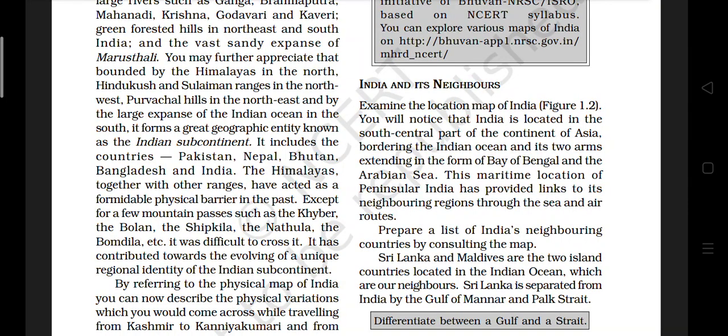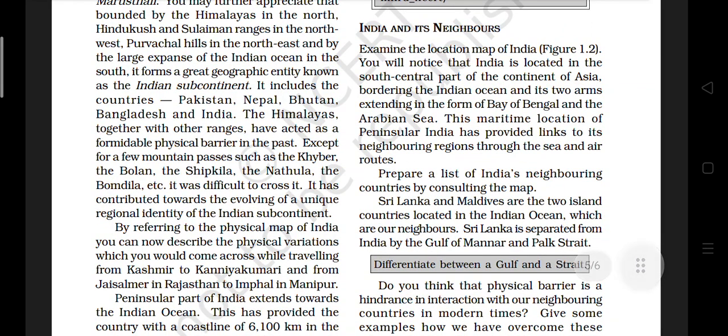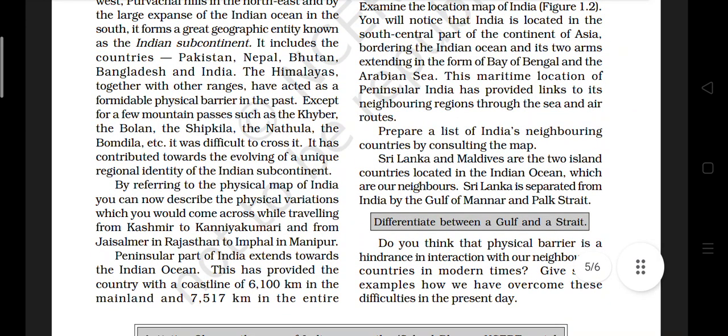You may further appreciate that India is bounded by the Himalayas in the north, Hindu Kush and Suleiman ranges in the northwest, Purbanchal hills in the northeast, and by the large expanse of the Indian Ocean in the south. It forms a great geographic entity known as the Indian subcontinent. It includes the countries Pakistan, Nepal, Bhutan, Bangladesh, and India.